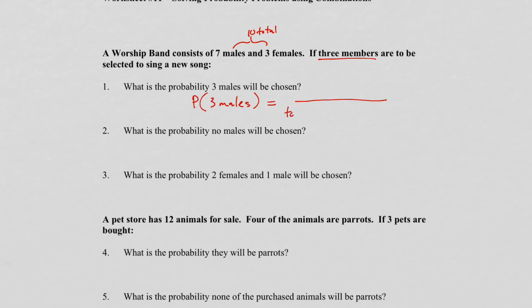So let's write this out first before we put numbers. Total number of possible males. Okay, we're going to have to figure that out. It's not as easy as it looks.